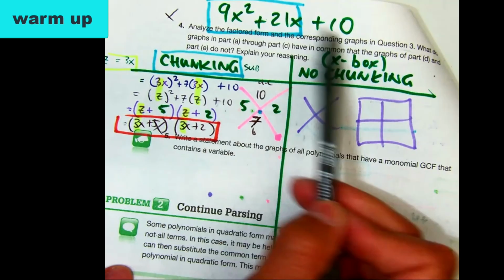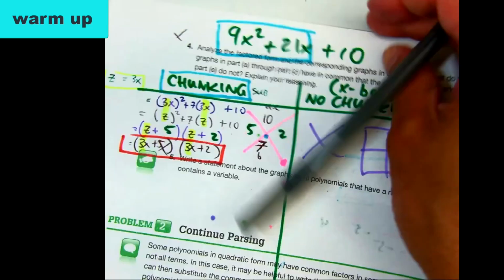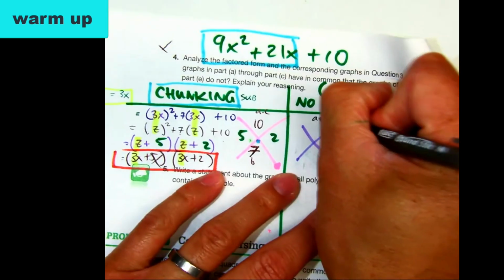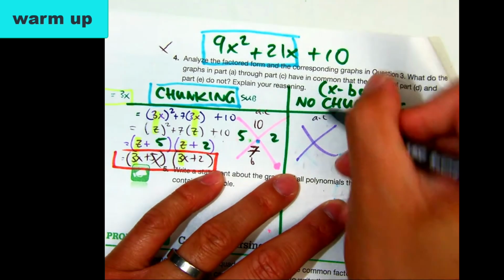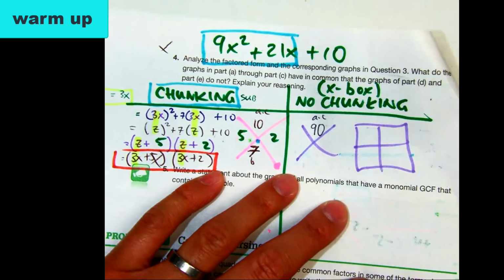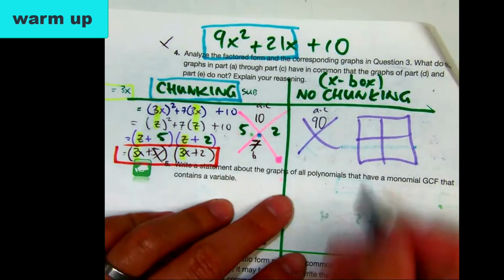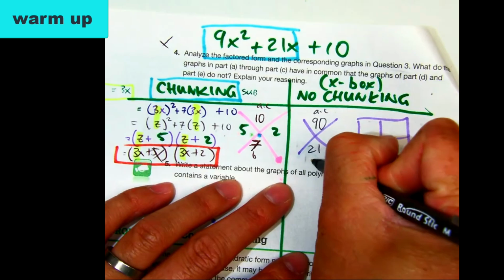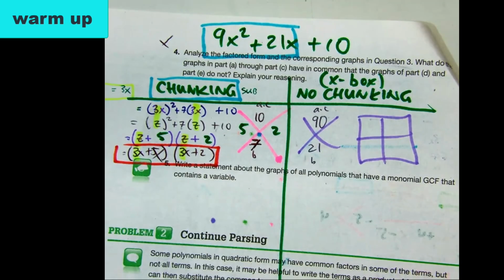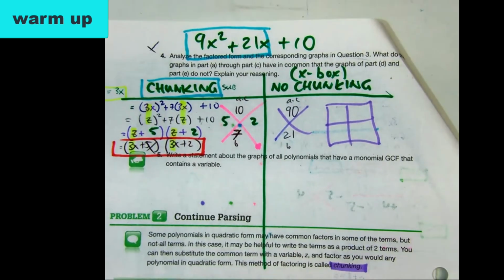Class, what's A times C? 90. Class, what's my B value? 21. Okay. I need to think of two numbers that multiply to be 90 but add to be 21.